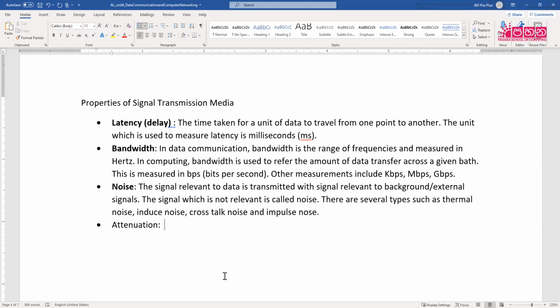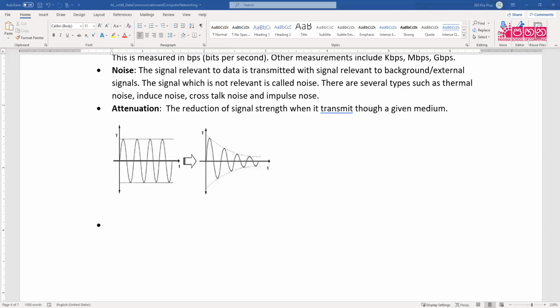Basically, attenuation means reduction of strength. The reduction of signal strength we call attenuation.